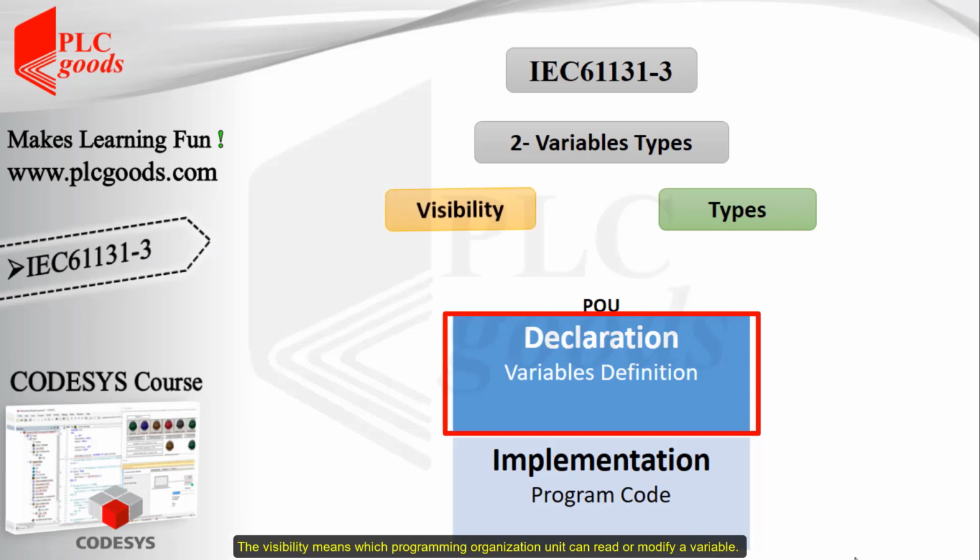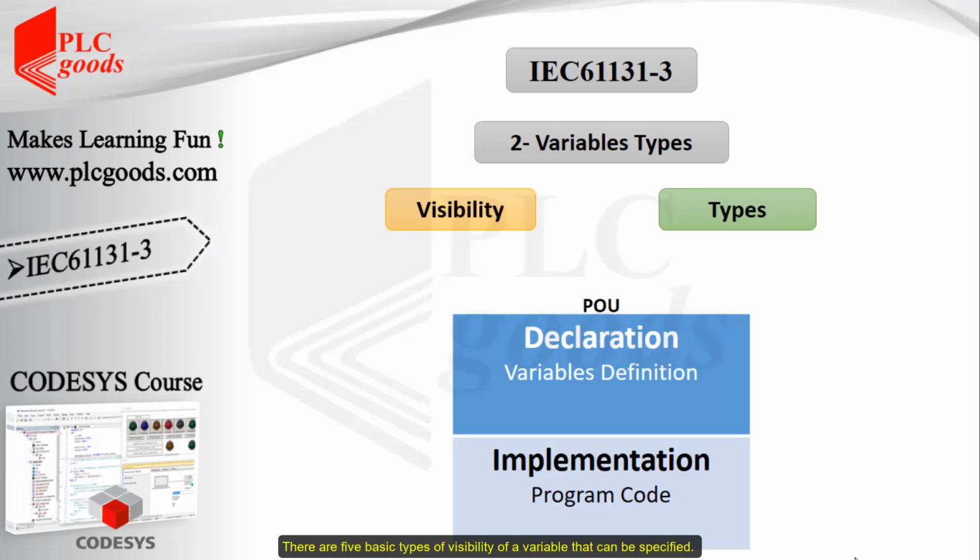The visibility means which programming organization unit can read or modify a variable. The type determines the type of data that is represented by the variables. When a variable is defined, it is necessary to clarify its visibility and type.